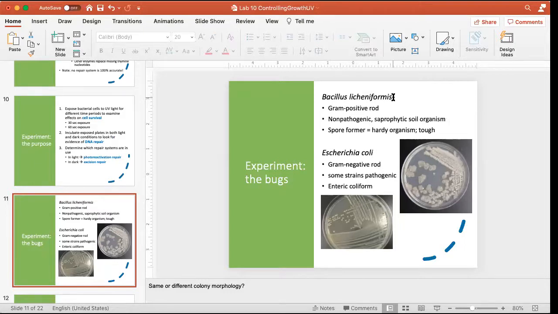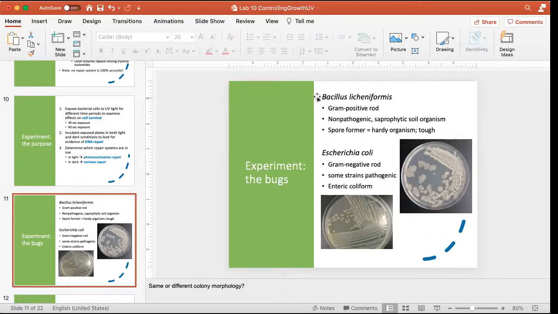Bacillus licheniformis is an interesting organism. Like all bacillus, it's capable of forming spores, right? But it's not a pathogen. It lives outside, it lives in the soil, and it's saprophytic. And that term just means it helps break down and degrade dead organisms.